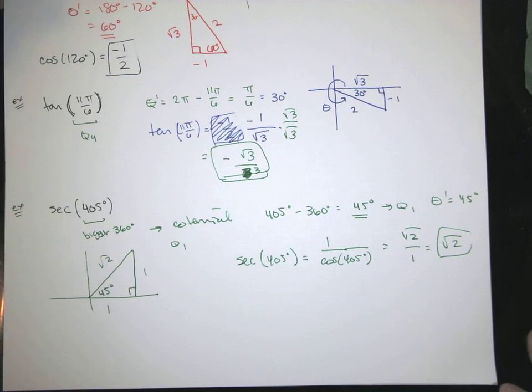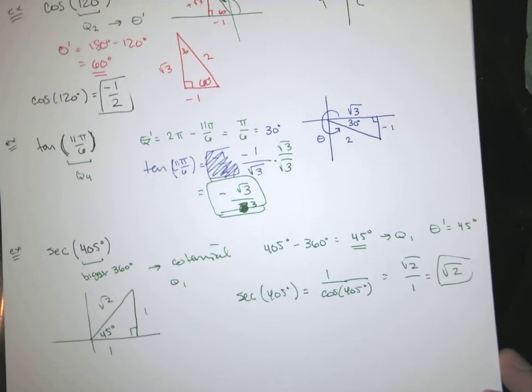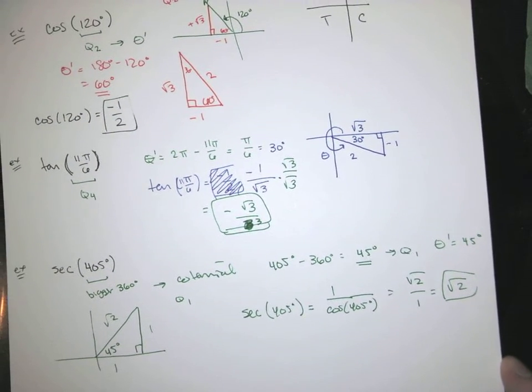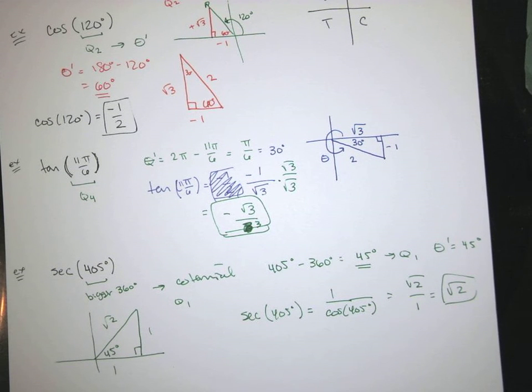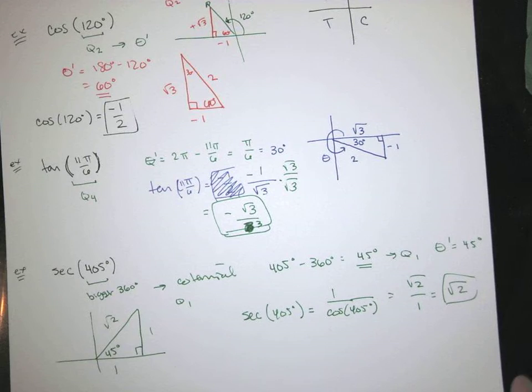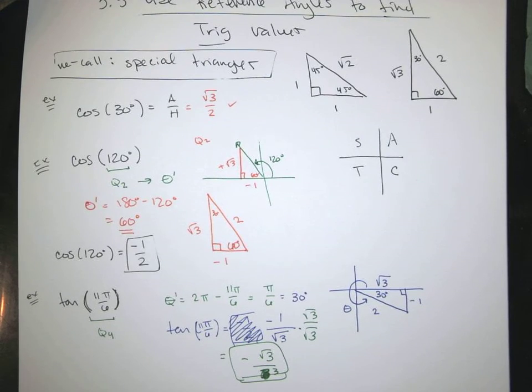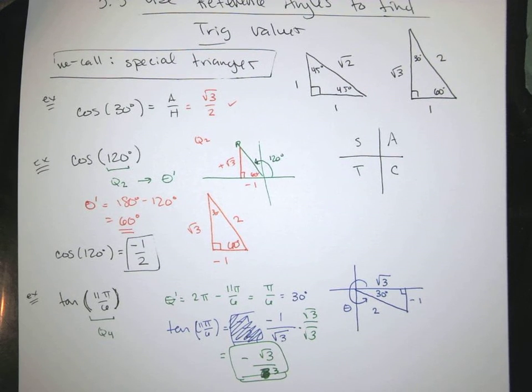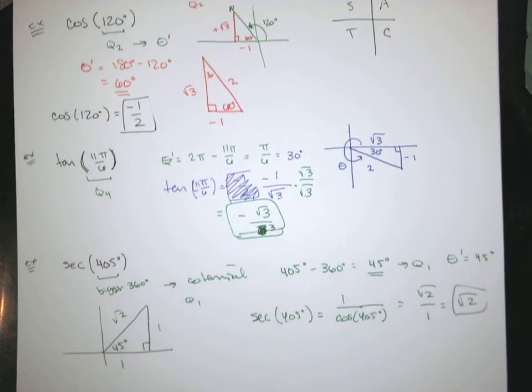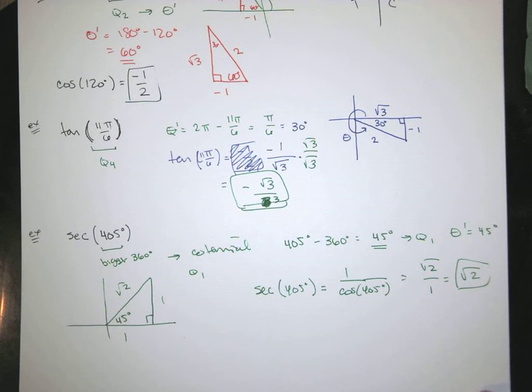So positive, negative, we're getting from the quadrant. We're orienting our triangles and labeling them accordingly as far as the x's and the y's being positive or negative, all that syncs up with the quadrant. The lengths themselves, the triangles we're drawing and the side lengths that we're using, are based on our special triangles from before. So you're going to want to have those handy as you're working through these problems. And then we're using a mixture of reference angles, sometimes coterminal angles.